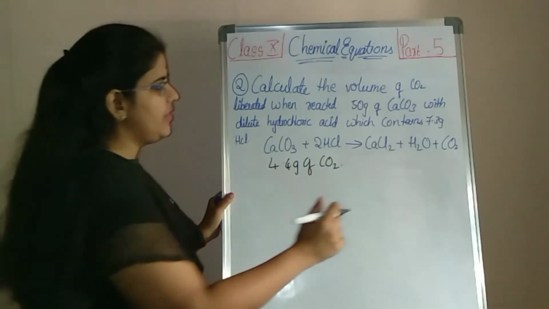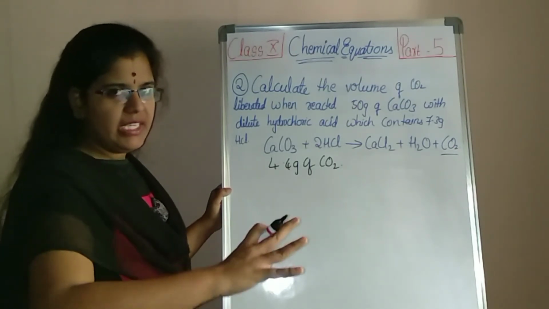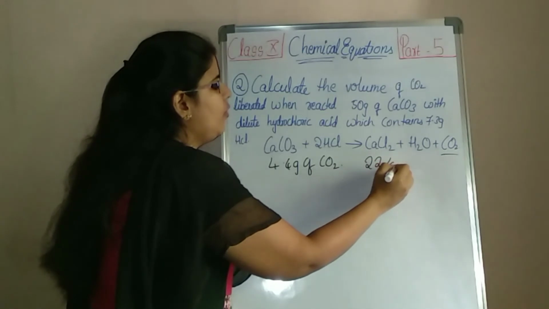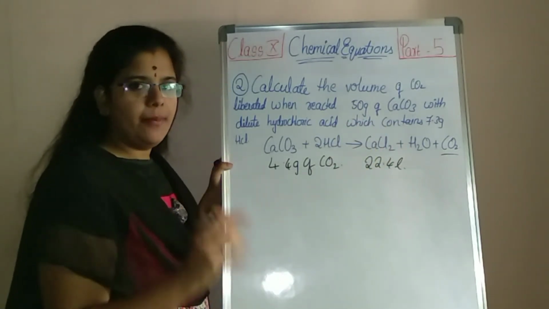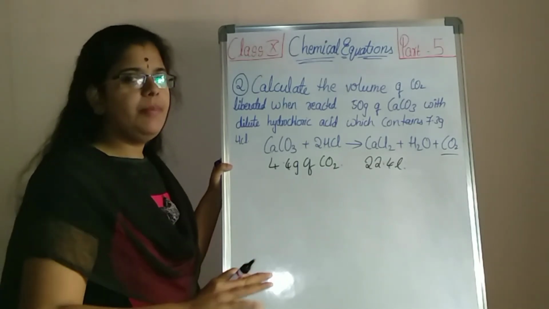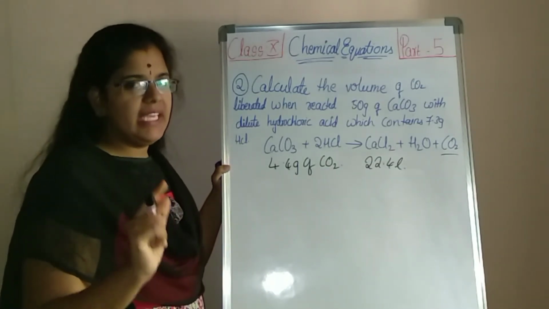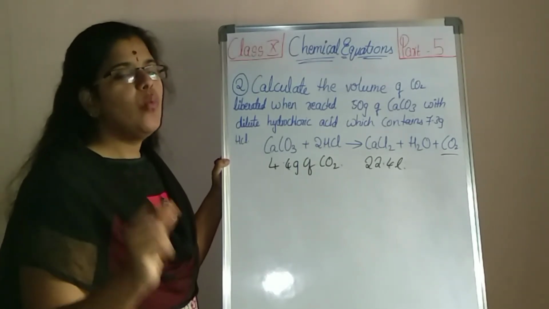According to the equation, we know that 1 mole of gas can occupy 22.4 liters of volume. I am not just saying this for carbon dioxide, it is applicable for all kinds of gases. So 1 mole of a gas will occupy 22.4 liters of volume.